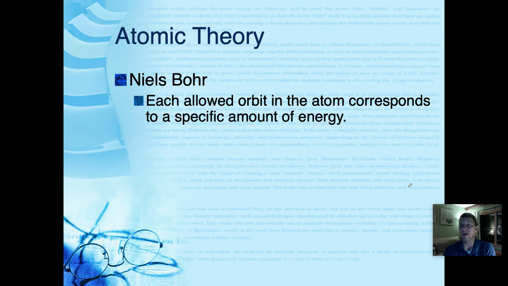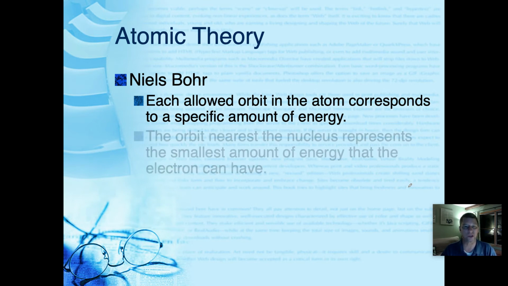And again, that energy was absorbed all at once in terms of a photon, a quantum of energy. And so each allowed orbit in the atom corresponds to a very specific amount of energy. And we'll talk about the numbers that are associated with this during tomorrow's lesson.